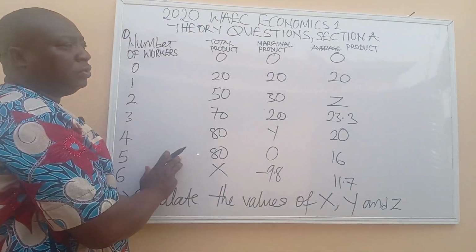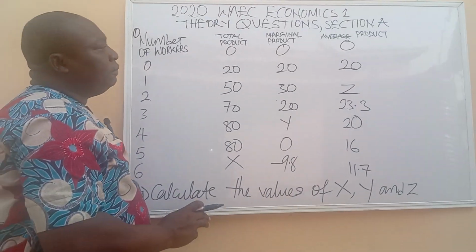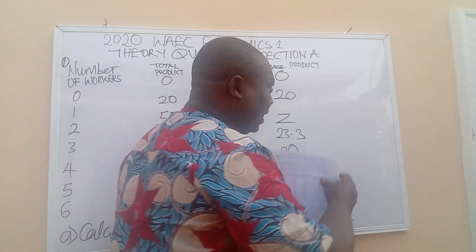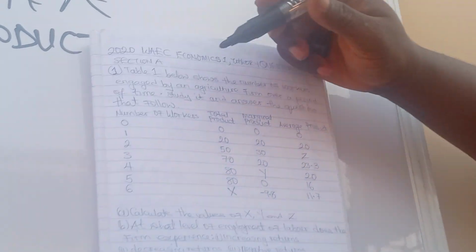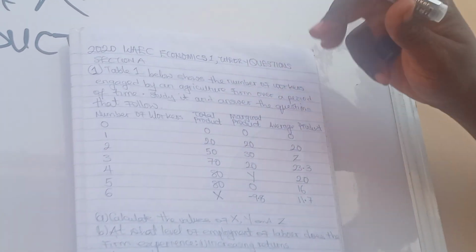This is the first one. Look at this question. Table 1 below shows the number of workers engaged by an agricultural firm over a period of time. Study it and answer the questions that follow.